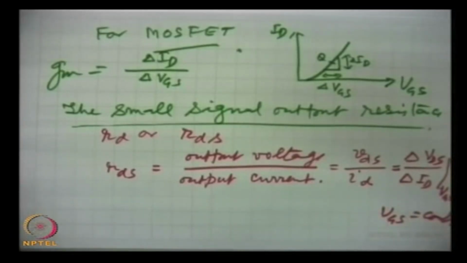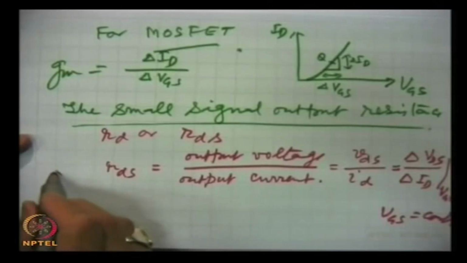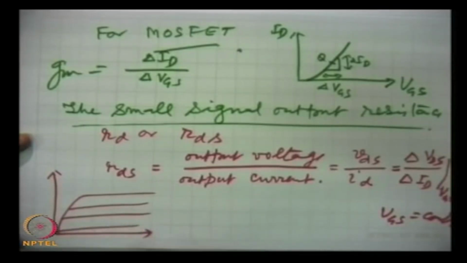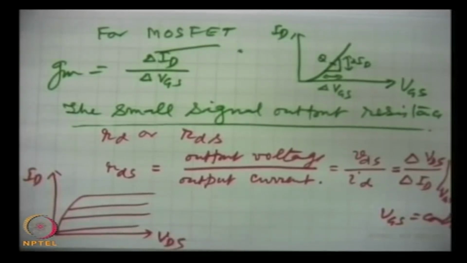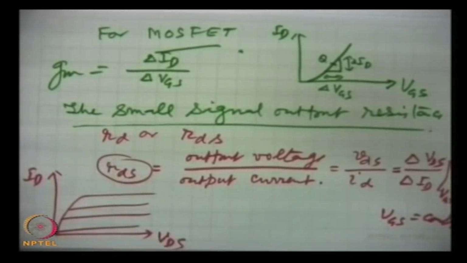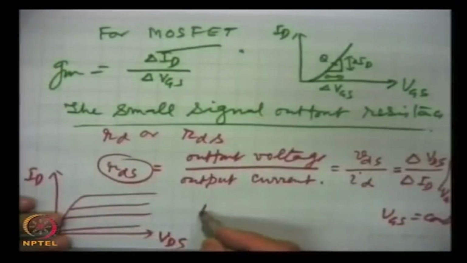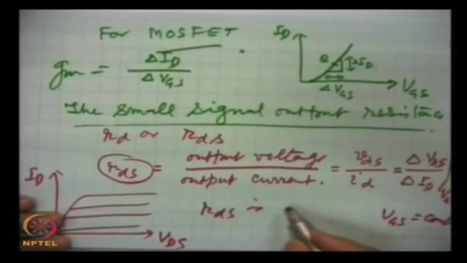If we look at the drain characteristics, with ID and VDS, then this resistance represents the slope of the drain characteristics in the saturation region, which is nearly horizontal, and that states that RDS is very large, very high.